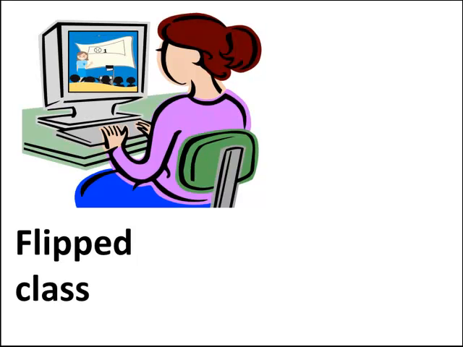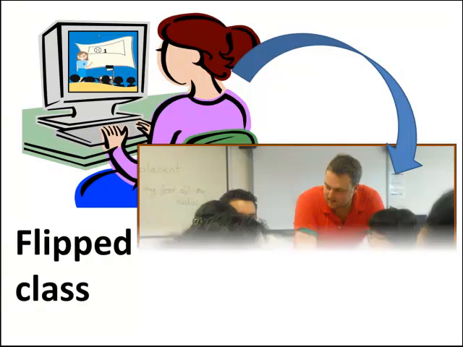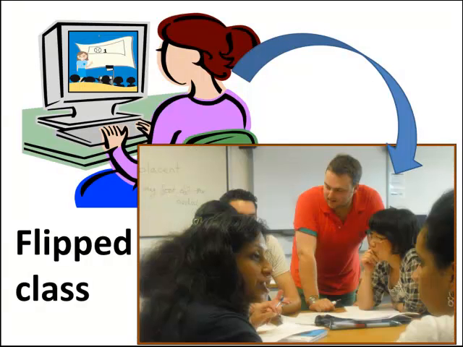And then in class, there's clearly more time for collaboration with peers, for practical application of that knowledge, for construction of knowledge through talk, at a time when the teacher is there to support you.